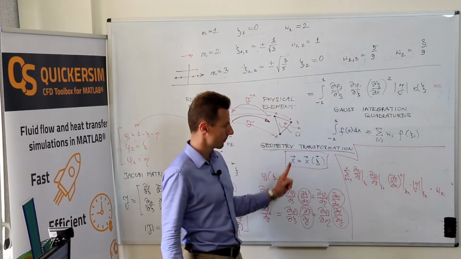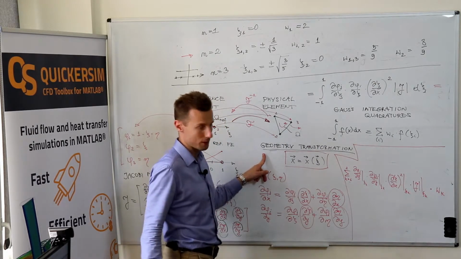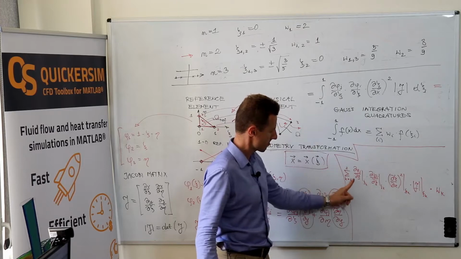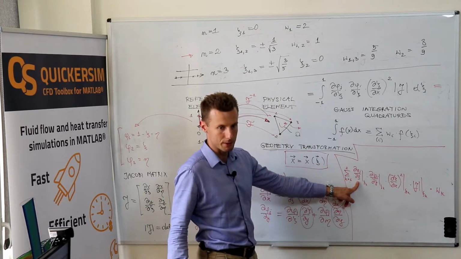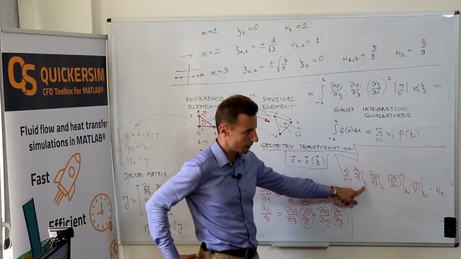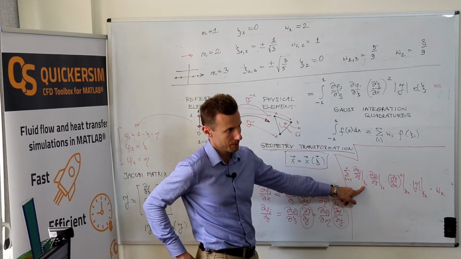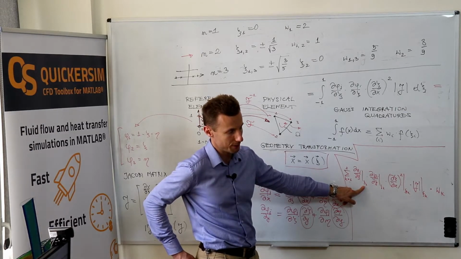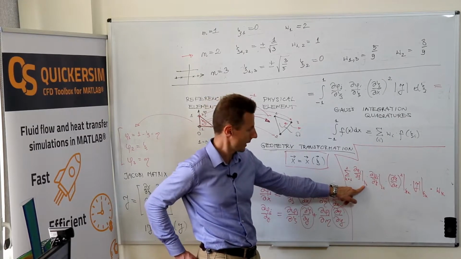Now, one of the last things to be said about geometry transformation. If you've got linear elements and you need to calculate this at psi k, does it change anything? No, it's constant. Exactly.